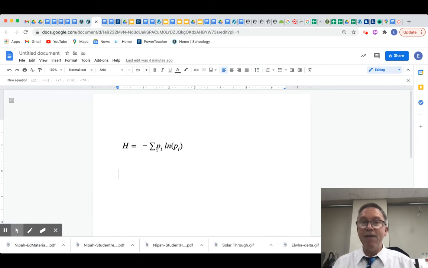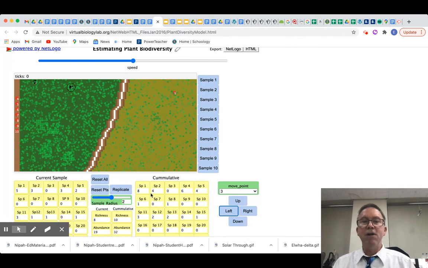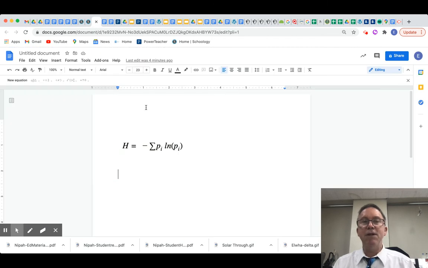I take that value times the natural log of that value, and sum that up for every single species. In this case, there are 10 species. For species 1, there were 8 of them. The overall abundance I want to look at is the cumulative abundance, which is 32. Of that 32, 8 were this species.